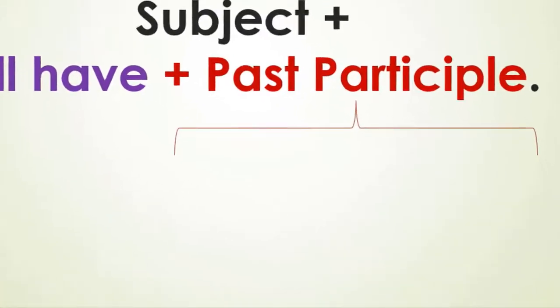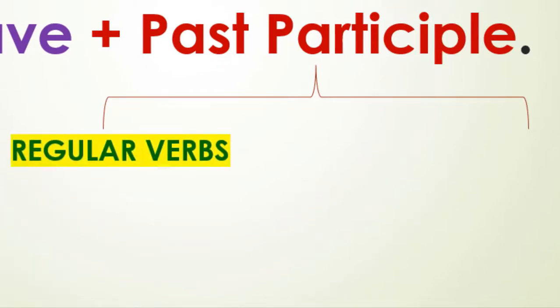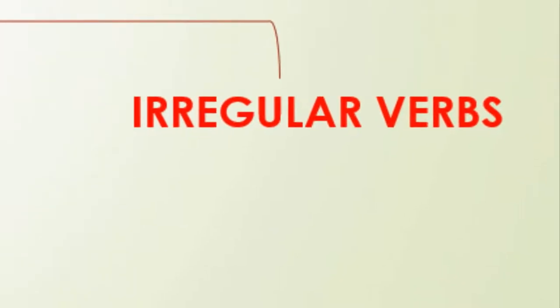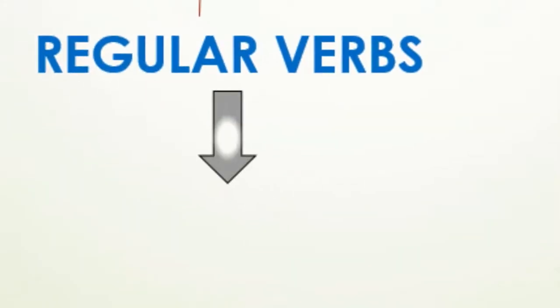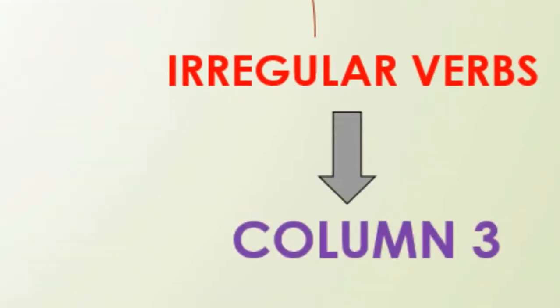And in the past participle, we have two types of verbs. The first one are called regular verbs, and the second ones are called irregular verbs. Regular verbs are verbs that finish with ed, and irregular verbs are exceptions and are in the third column of irregular verbs.